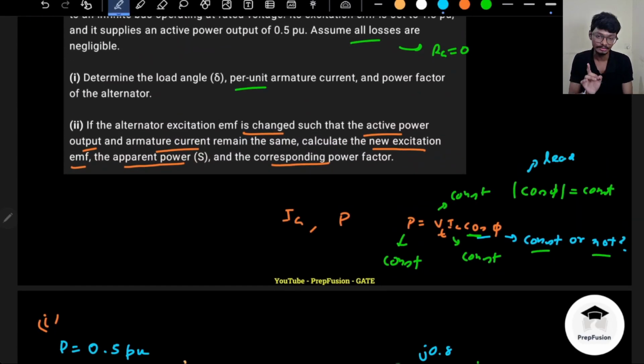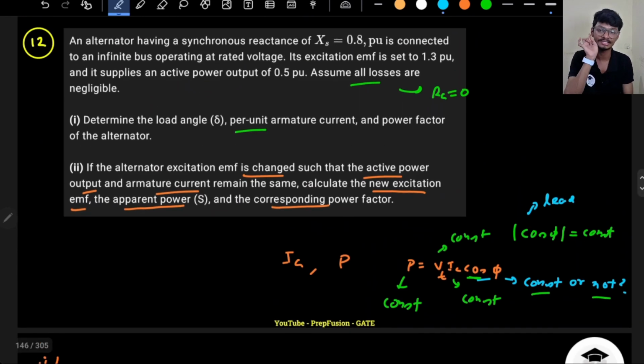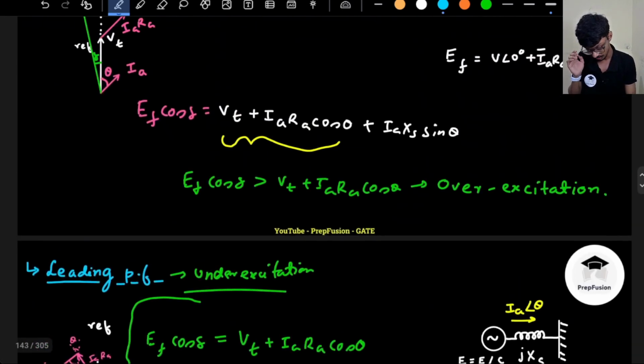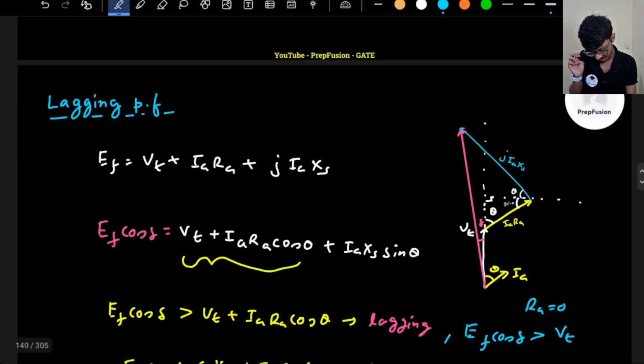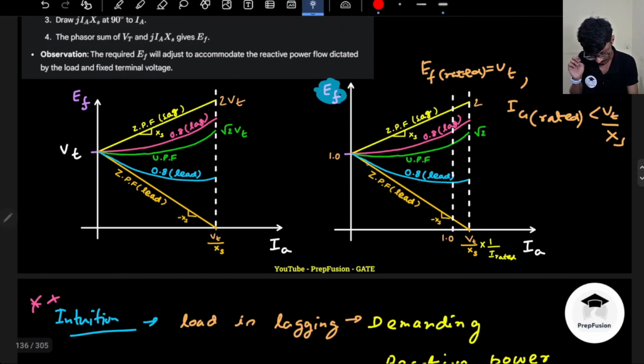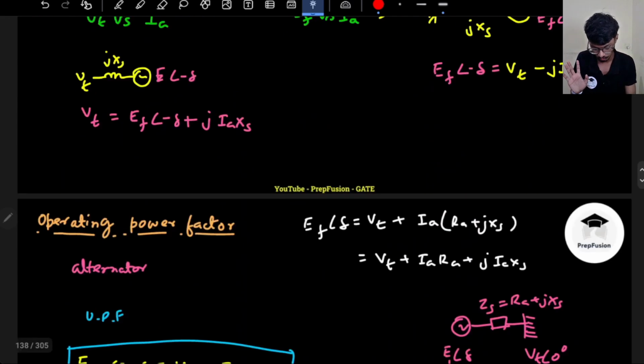Because they are telling me that I am changing the excitation, and if I change the excitation, then I can change the power factor. For the same terminal voltage VT, if I change the excitation, the power factor changes, and if the power factor changes, the excitation changes. Both ways work.